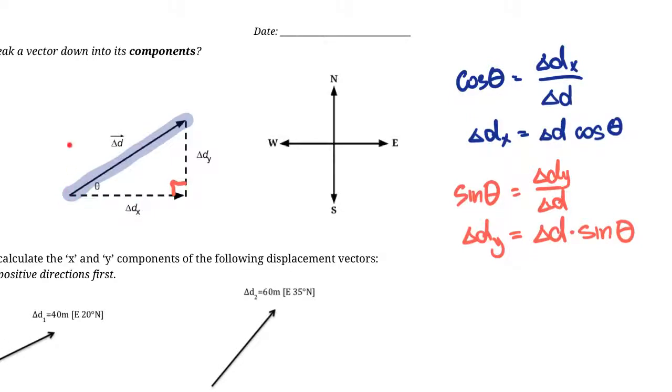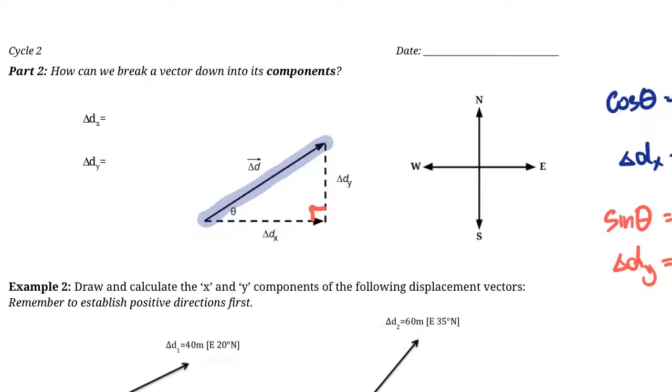If we had the angle from the y, the x component would be the sine, so we would have to use sine. But if we keep the angle as the one from the east or west, it is always true that the x component is the length of the vector times cos of the angle from the east or west. And same thing with sine. That only works as long as we're taking the angle from the east or west.